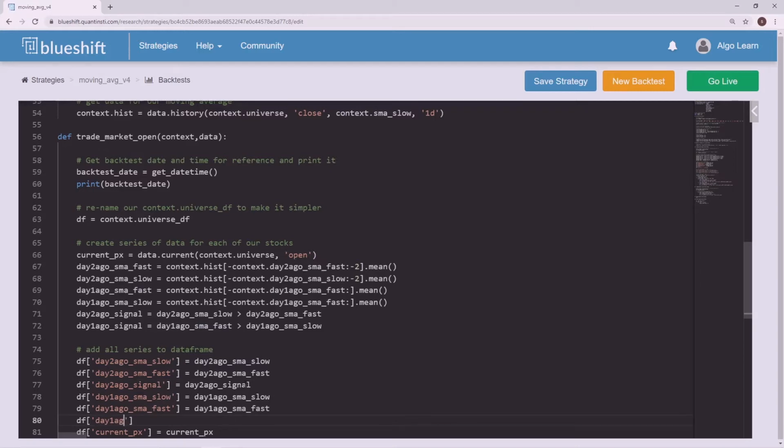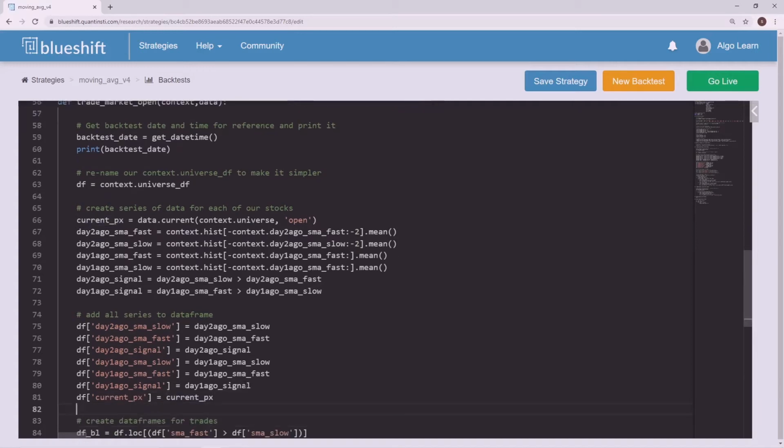Day 1 ago signal equals day 1 ago signal. Okay, so now we have populated our series into the data frame. We've named the columns that it's going into for each of the stocks, and we also put in our current price as well. I want to make sure we have the current price too.